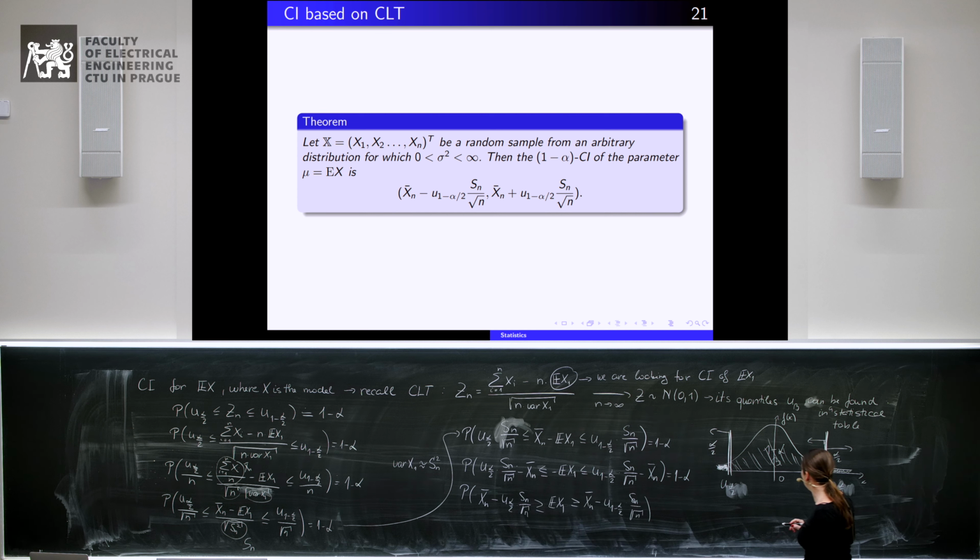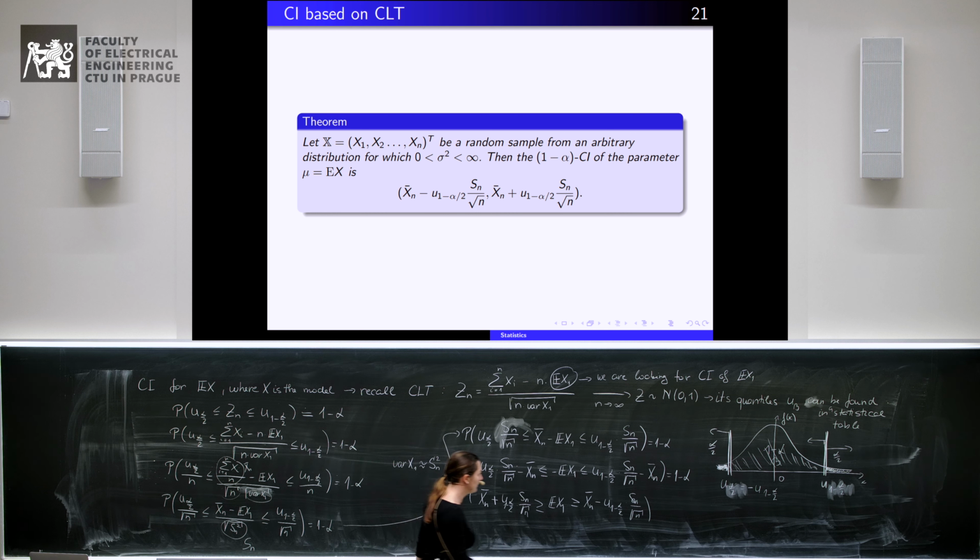And moreover, you can see that these quantiles are symmetric. So it means that here we have some positive number, and here we have the negative number with the same absolute value. So it is in fact minus the positive number on the right side. So instead of minus u alpha half, we can write plus u1 minus alpha half.